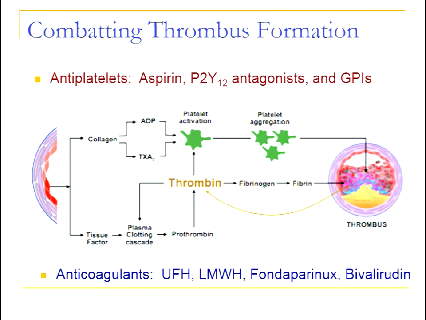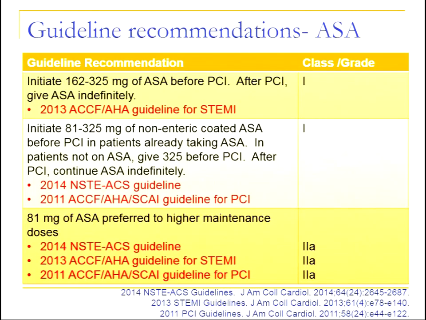So keep that in mind as you're looking through choices and trying to distinguish between answer options. We may give up to all three classes of antiplatelets, but you're only going to choose an option that has one anticoagulant in it.